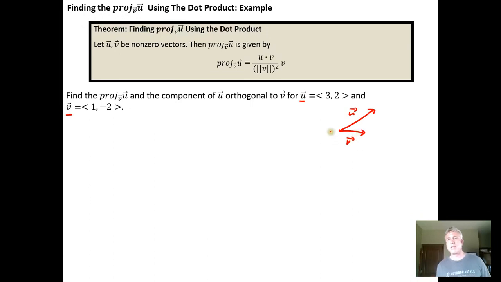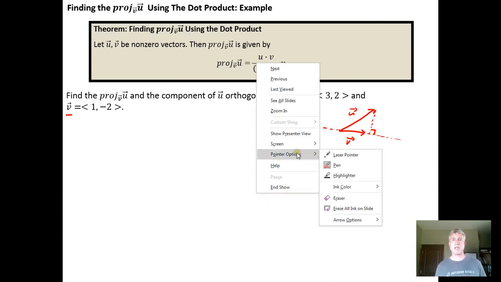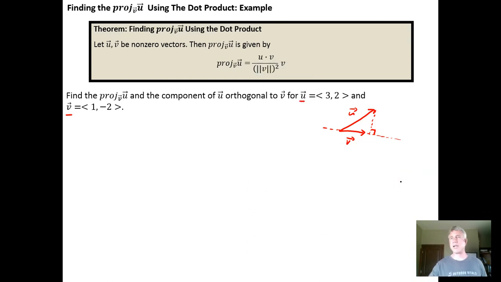the idea is that we draw a line through v, and then from the terminal point of u we drop that perpendicular to that line. Our projection vector, if I change my ink color here, let's go switch over to black, is the vector that starts here at the tail of u, runs parallel to the vector v out to the foot of that perpendicular.